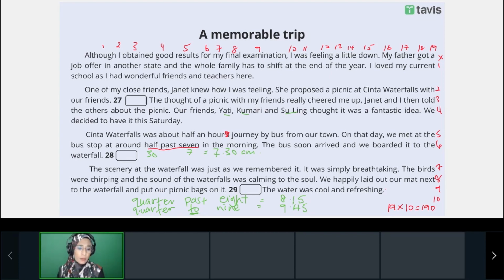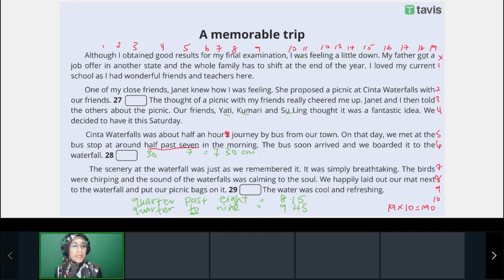How do I know it's "were," teacher? Because you can see "obtained," "I was," "my father got." This is all past tense, sudah lepas.